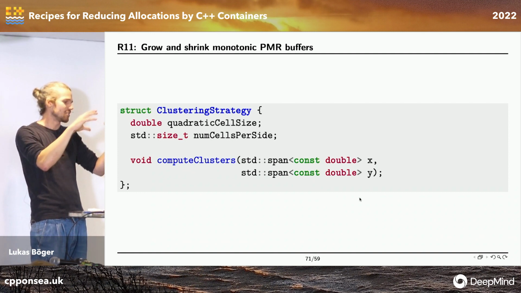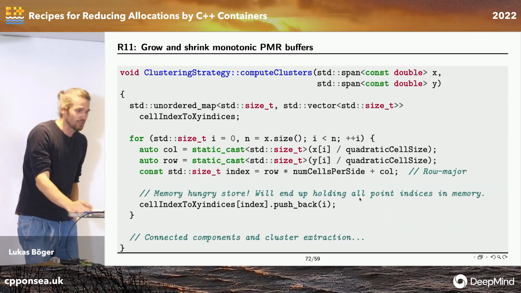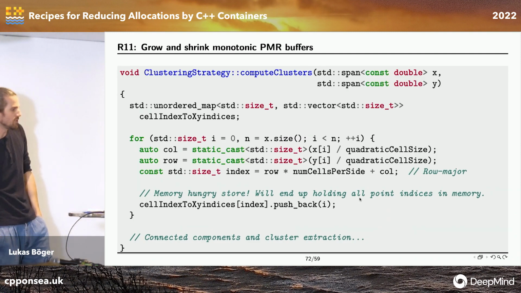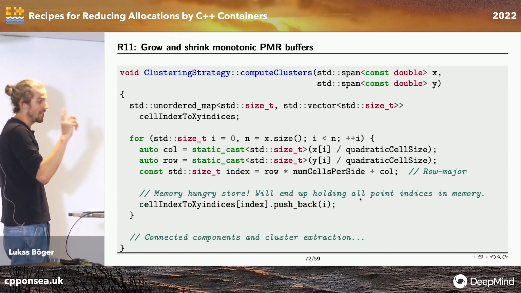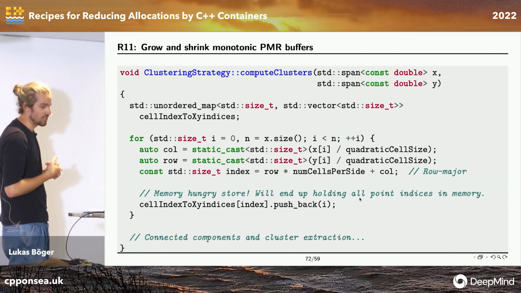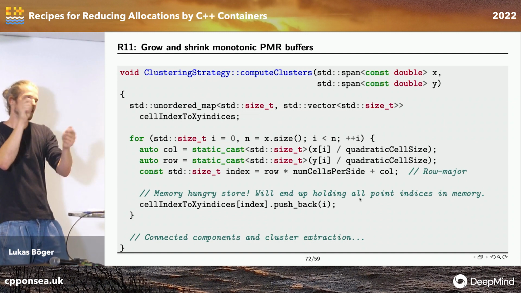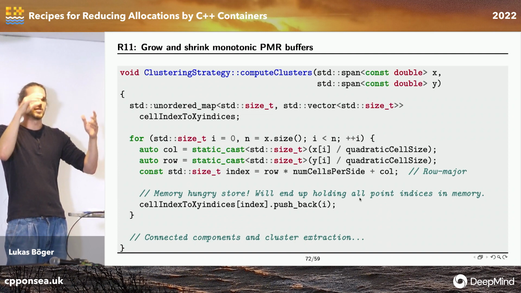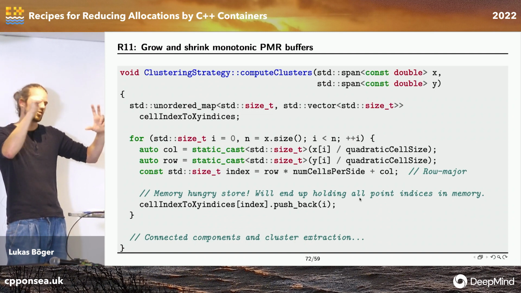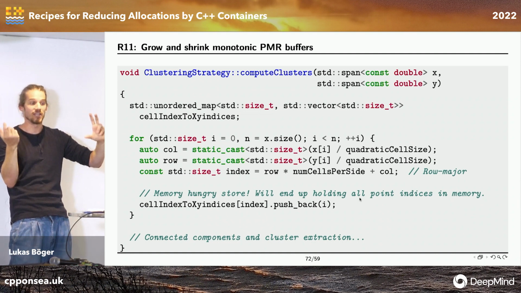And we need some cell size and number of cells per side. This is how it is implemented in the first version with std unordered map without any memory resource passed to it. We'll end up taking each point, computing the row and column index of our grid, and then storing that in the hash container in order to be able to look it up later on.